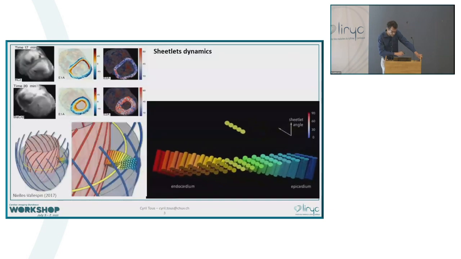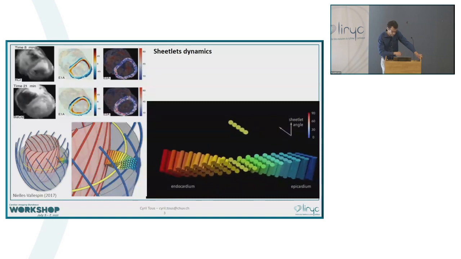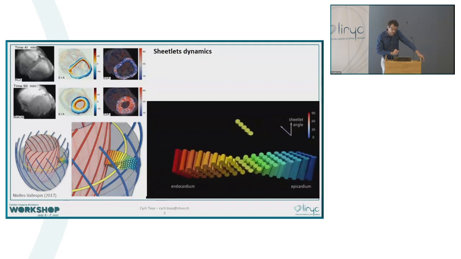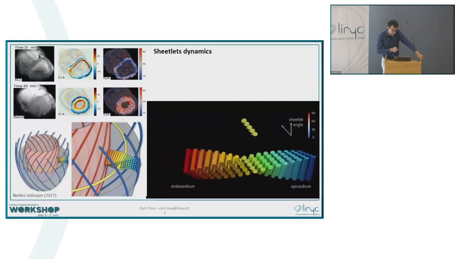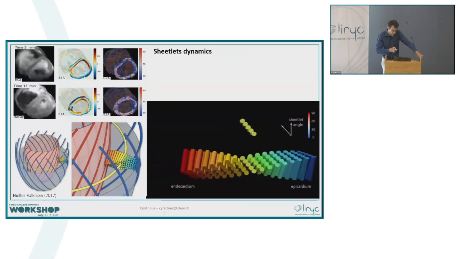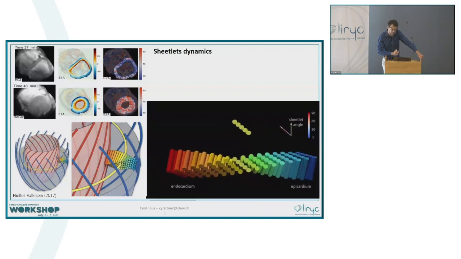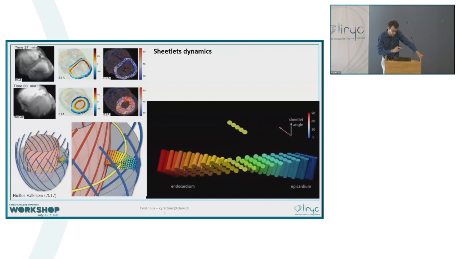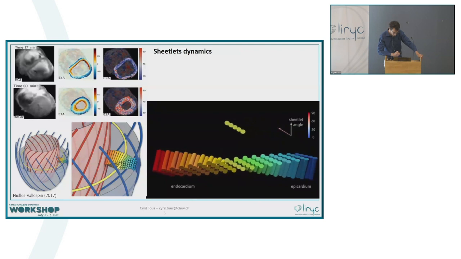There is a publication showing how this sheetlet configuration works and how the fibers are stuck together with the sheetlets. With diffusion tensor imaging, you can track the fiber orientations, but with the second and third eigenvectors you can also estimate the sheet angle, and they showed there is a linear correlation between the wall thickness and this sheet angle.